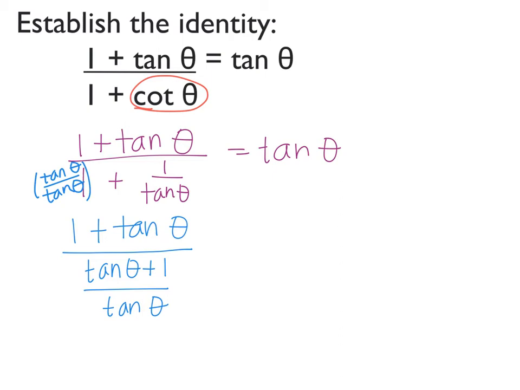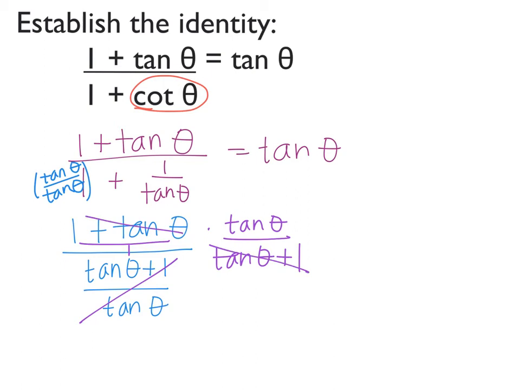I'm going to cancel out this denominator by multiplying my numerator by its reciprocal. So that will cancel out. What I notice here is this is like saying this fraction multiplied by this all over 1, and these two are the same, so that equals tan theta, and that's the same as that. So I established that identity.